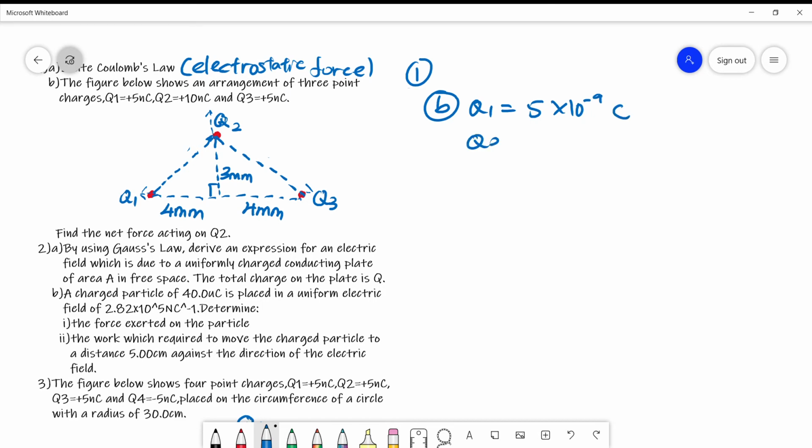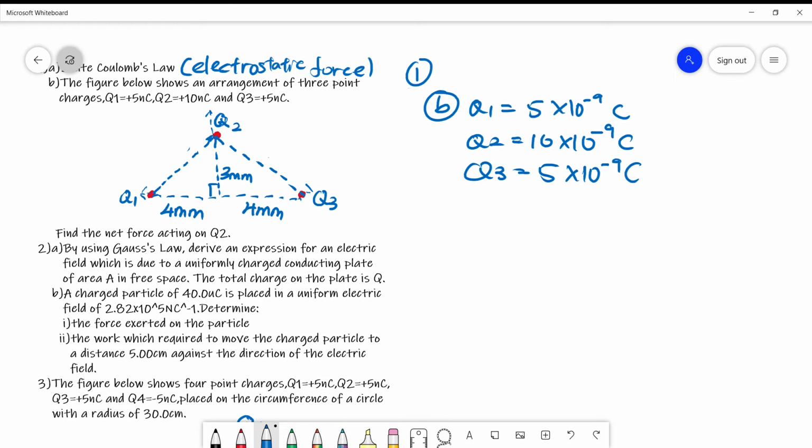As for Q2, positive 10 times 10 to the power negative 9 coulomb. And Q3 is 5 times 10 to the power negative 9 coulomb. So these are the charges, and this is the diagram. Okay, and this is Q2, Q1, Q3.